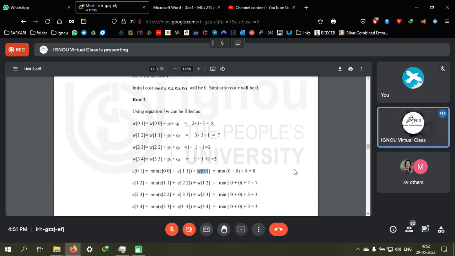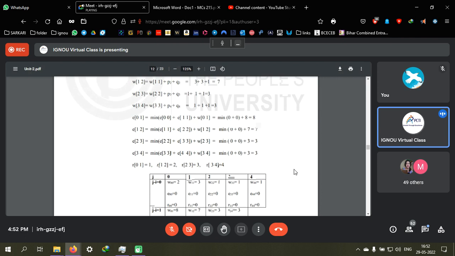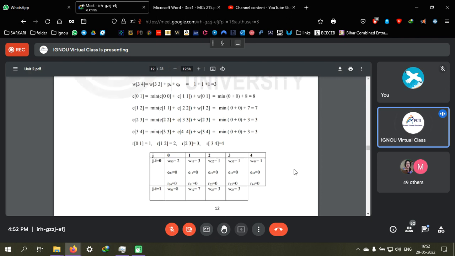So Wij, i value is 0, j value is 1 here. This is i plus 1 comma j and this is i comma j minus 1. After calculating all the values, you have to pick the minimum value. Minimum value is 8 here. You have to compute E 3 comma 4.